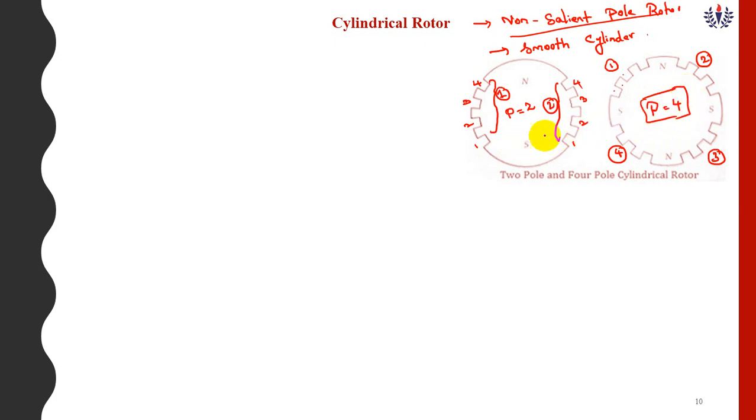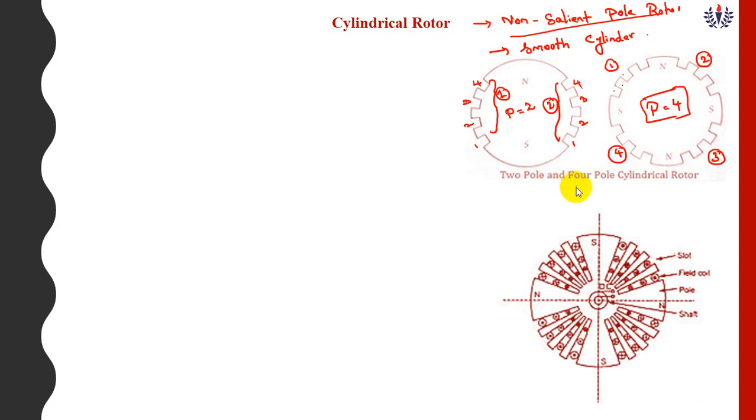In your internals, if you are asked to sketch the 2-pole and the 4-pole cylindrical rotor, you have to draw this diagram immediately. This is the slot, the same diagram represented in a different manner, connected with the shaft.